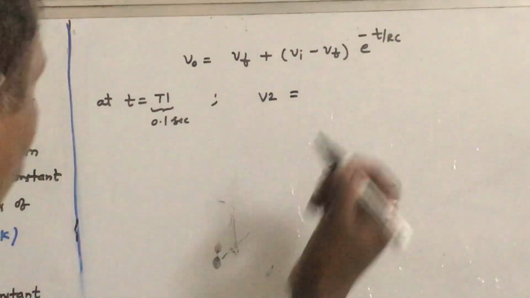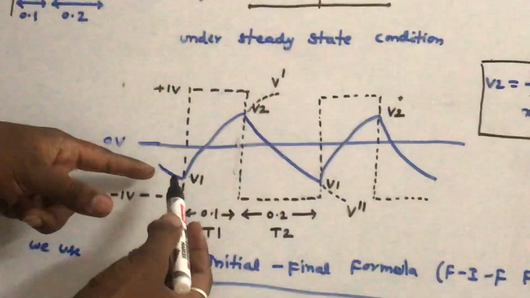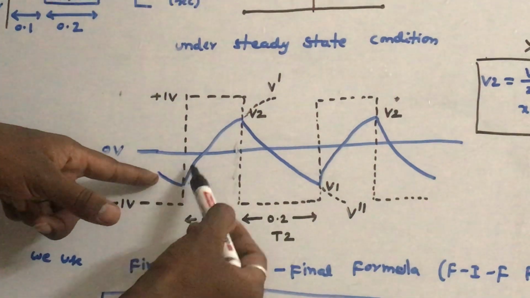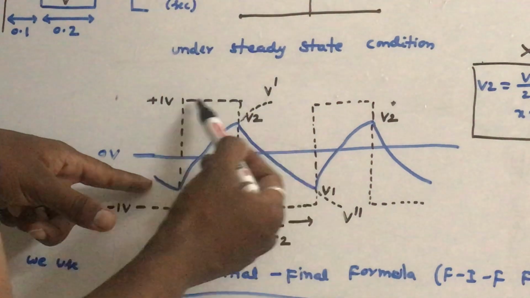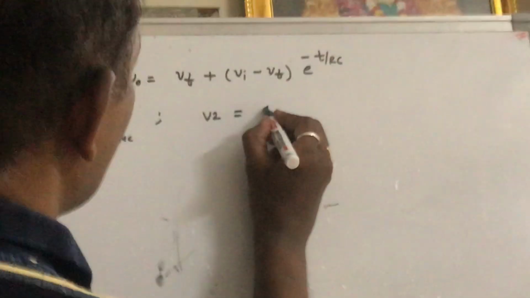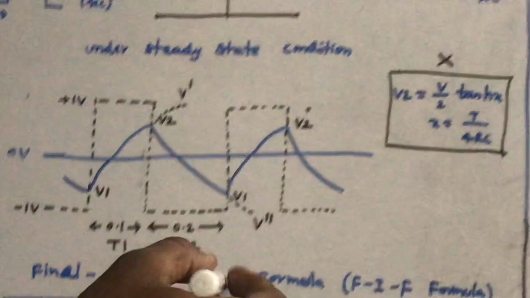So that is equal to, what is the final value it has to reach? The final value it has to reach is 1 volt. See this diagram, V dash, so that is 1 volt. So we write the final value, 1 volt, plus the initial value.